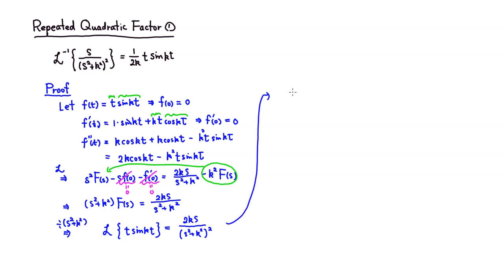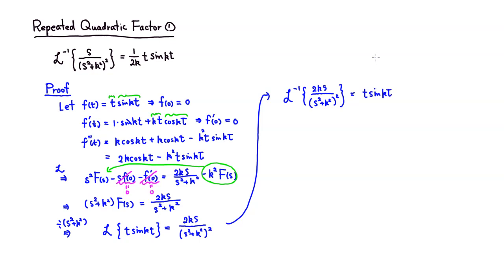If you rewrite that, you can write it as an inverse Laplace transform, just going backward: 2ks over quantity s squared plus k squared squared is equal to t times sine of kt.